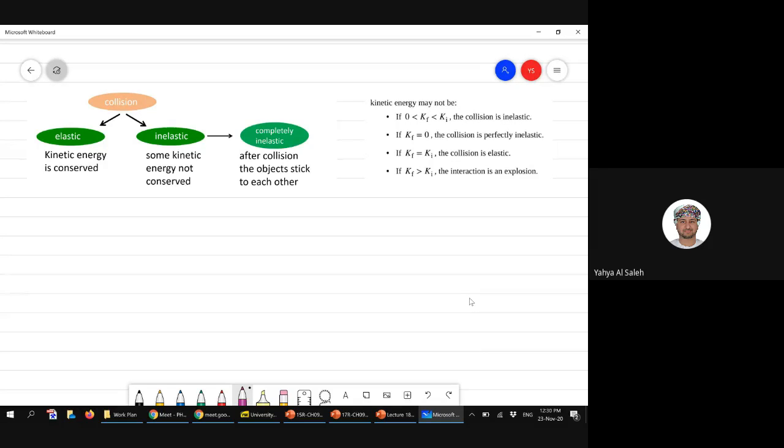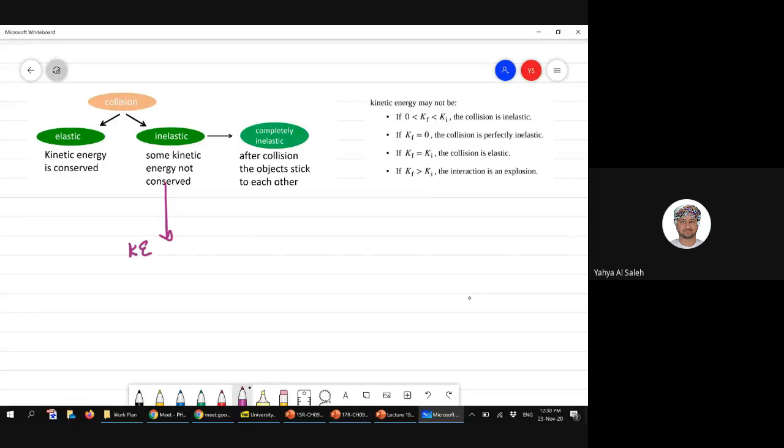Two things just hit each other. If the final kinetic energy is somewhere between 0 and the initial kinetic energy, we call it an inelastic collision.